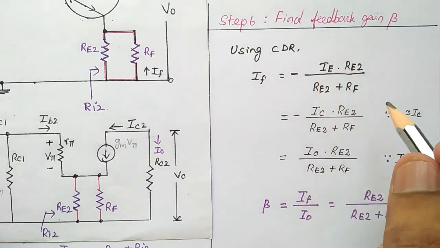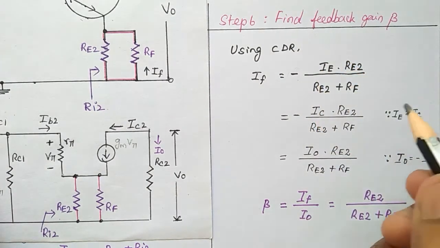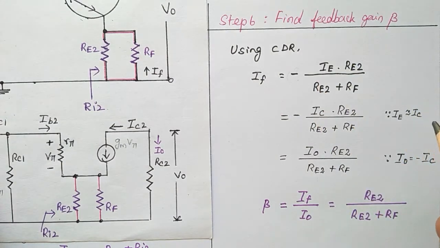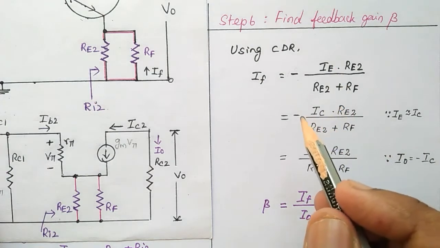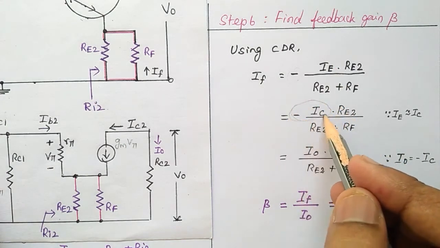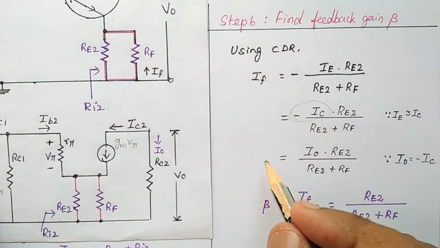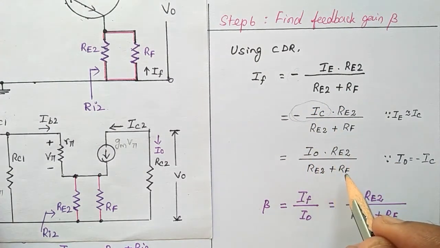We approximate the collector current as equal to the emitter current, because IB is usually small in value, so we replace IE with IC. Finally, the entire term minus IC can be written as I0. So finally, I can conclude IF is equal to I0 into RE2 by RE2 plus RF.